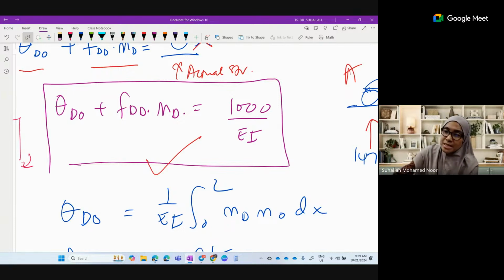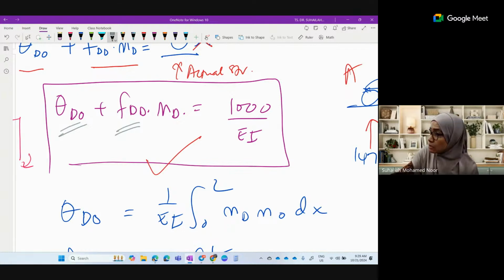Theta denote displacement or rotation, samalah rotational displacement ya. Theta denote is rotation in primary frame. Macam mana kita tahu yang ni for primary? Sebab simbol naught tu, denote. So that theta denote is rotation in primary frame. Lepas tu kita ada satu lagi rotation, FDD. So FDD apa? FDD displacement.